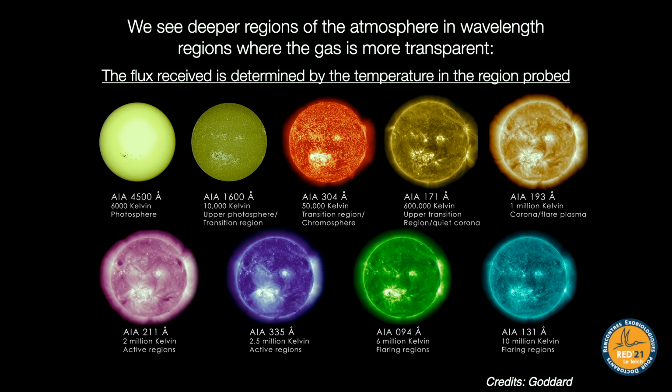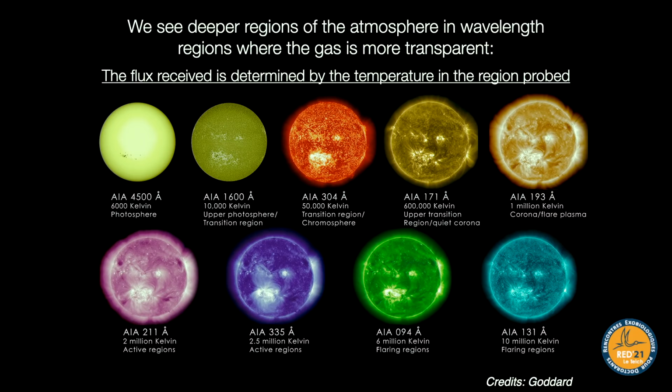Here there is a small schematic showing what the Sun looks like at different wavelengths, from visible in the upper left to far ultraviolet in the lower right. Under each image, it shows the region and the temperature of the region that is probed at these different wavelengths.